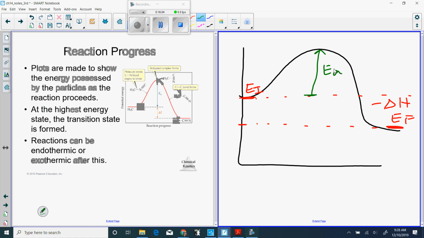Energy of activation is always from the beginning to the top of the mini golf hill. Up here we have an activated complex or a transition state, but this is what we're adding to it now. That green activated complex, green ran into green and it made a green, is an actual thing. It's a molecule.